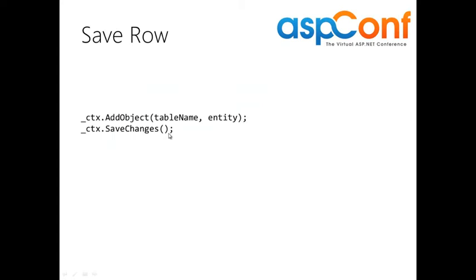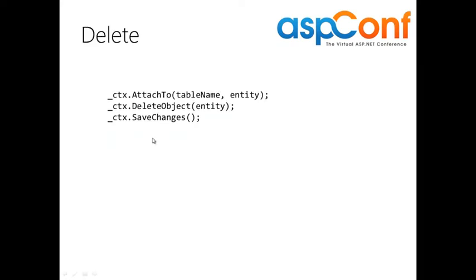So when we're actually working with modifying the table, nothing really happens until we call context.SaveChanges. We can delete a row. We'd have to attach the entity to the table using this AttachTo method of context, and then call DeleteObject and pass in the entity. And again, nothing really gets committed until we call SaveChanges.